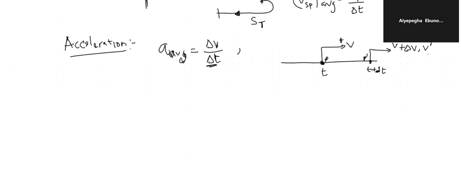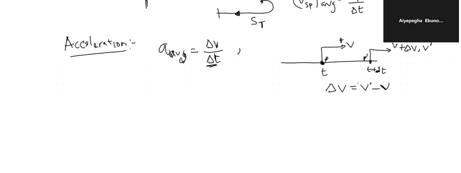So our delta v is going to be v prime minus v, which is the final velocity minus the initial velocity at a particular time interval delta t.